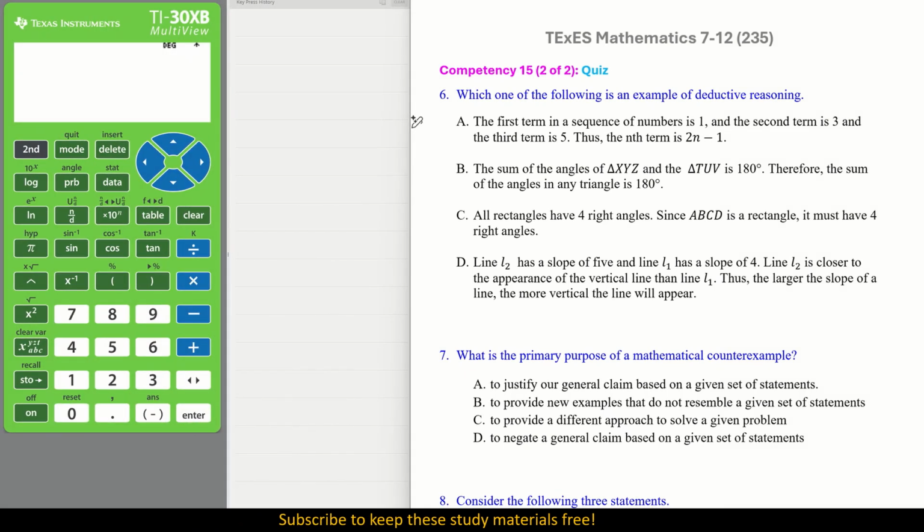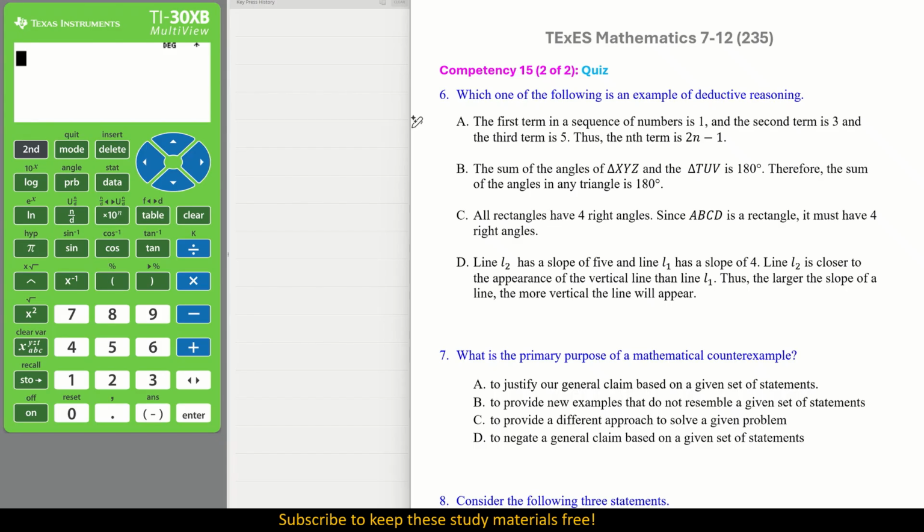Number 6, which one of the following is an example of deductive reasoning? Remember, the difference between deductive and inductive is this. Deductive begins with a statement of something general for that topic. A says the first term in a sequence of numbers is 1, the second is 3, and the third is 5.